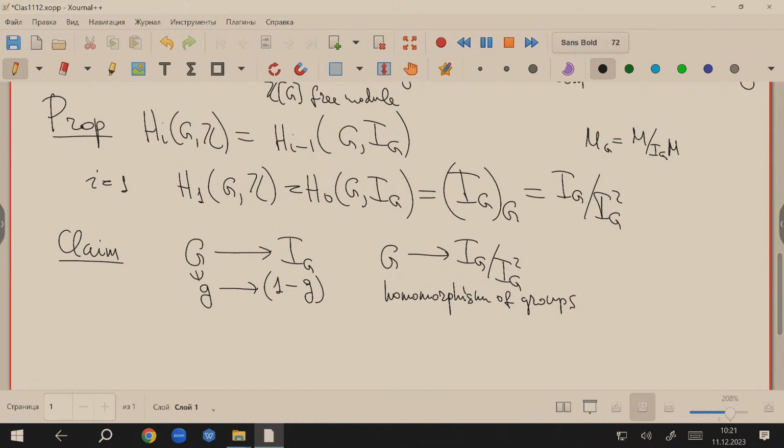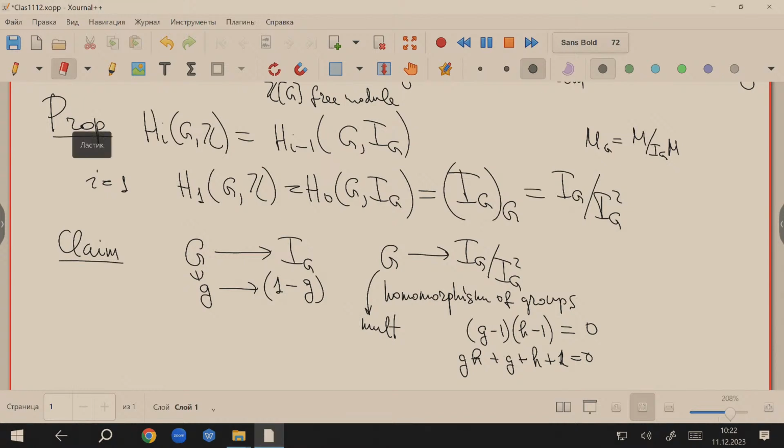On G you have the multiplicative structure, and due to the fact that (g minus 1) times (h minus 1) is equal to 0, because this is an element of I_G squared, you have the relation gh plus g plus h plus 1 equal to 0. Sorry, here you have minus.